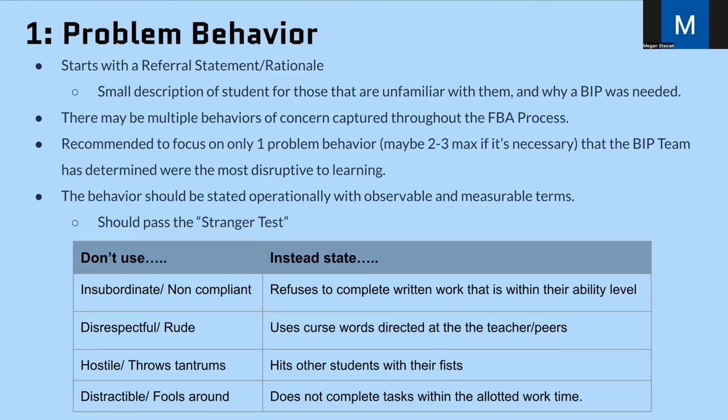It could be a student using curse words directed at a teacher or peers, or a student ignoring someone or not responding to their name when called, and we know that they don't have any hearing or auditory processing issues. Instead of saying throws tantrums, say specifically, drops their body to the ground, throws items, or hits other students with their fists. Tantrums is a very vague term. If we've met any child, we know every child will throw a tantrum very differently.